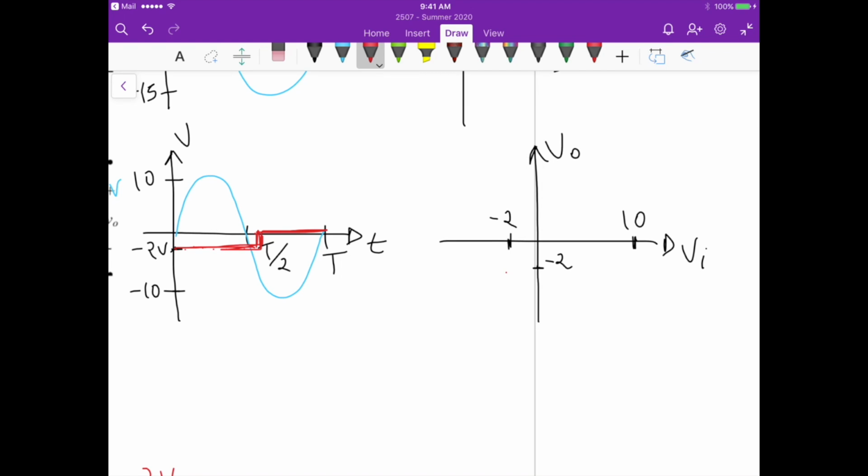So it stays at minus 2 here. But then for values lower than minus 2, it becomes 0. Right? You can just erase this one here. So that's the input-output characteristic of this circuit. So here, remember to always put your legends and your axes, label them, everything. Okay. So this is the result for this problem.